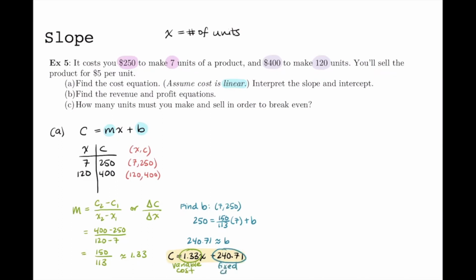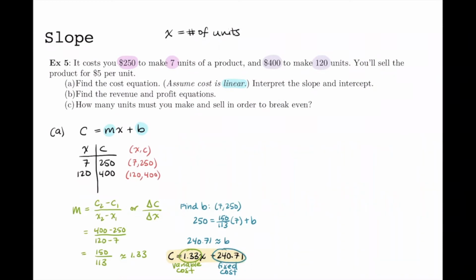So this is the amount that we have to pay if we're not going to produce any items. Maybe it's to rent a space or to rent a machine or something like that. So this 1.33 means that it costs us $1.33 to produce one of these items. And then this fixed cost or intercept is the amount to pay for producing no items.